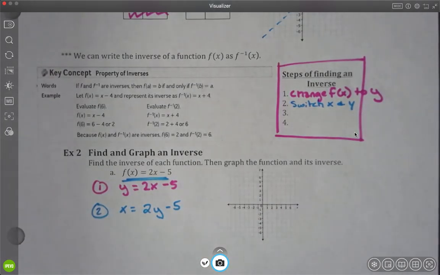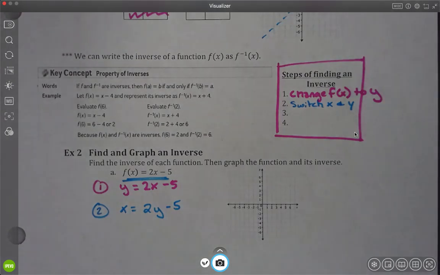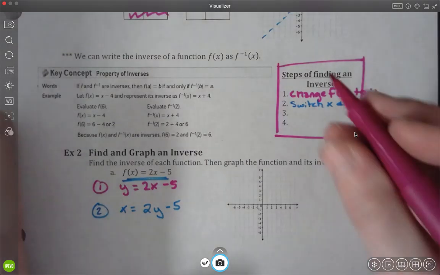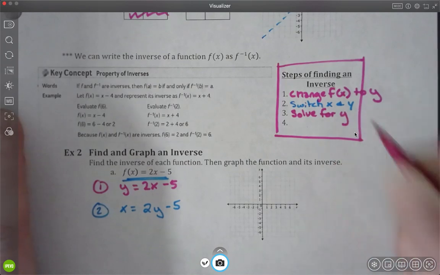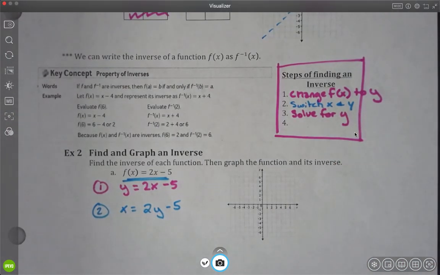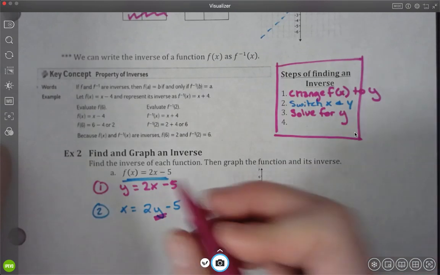These 2 steps are so easy to start with, right? No, it's not too much harder. The third step is the hardest of the 4, I guess. The third step, you have to solve for the y variable. So I'm just getting y by itself, and I'm rearranging the equation that I have in step 2 to solve for y. So I just add the 5.